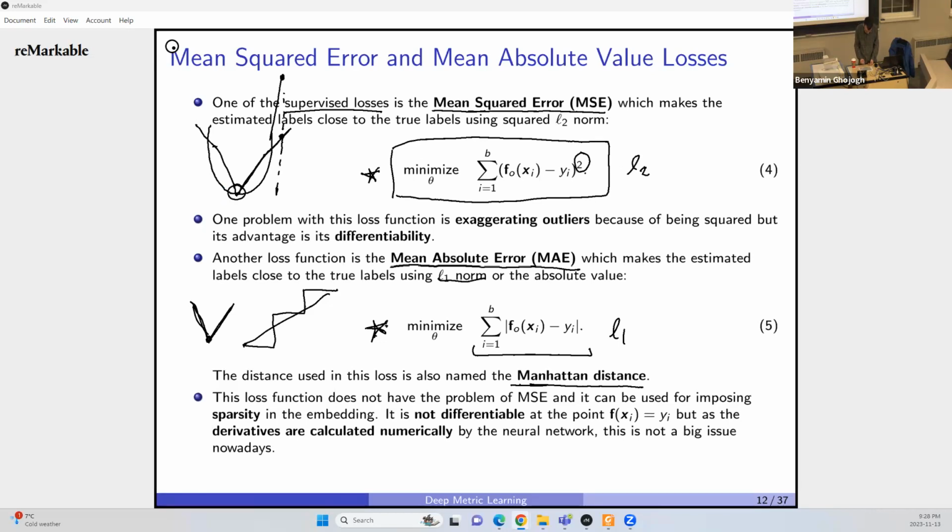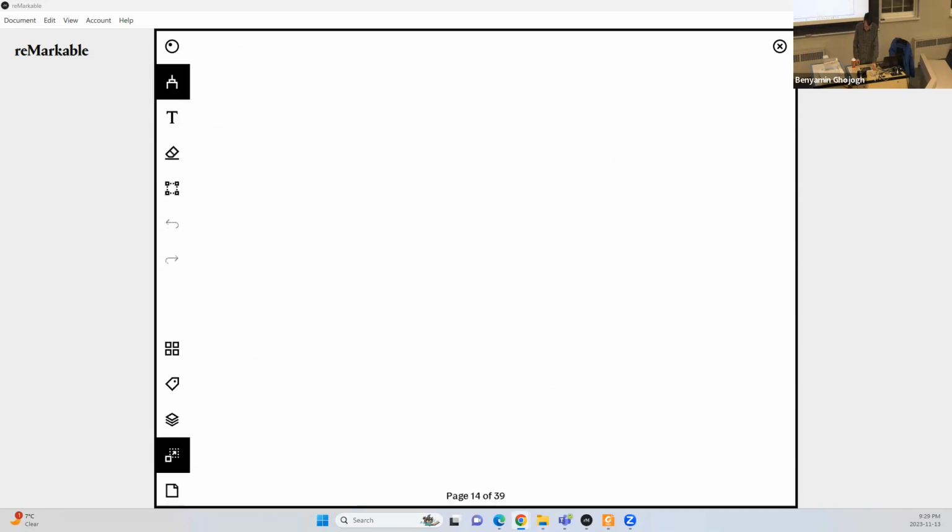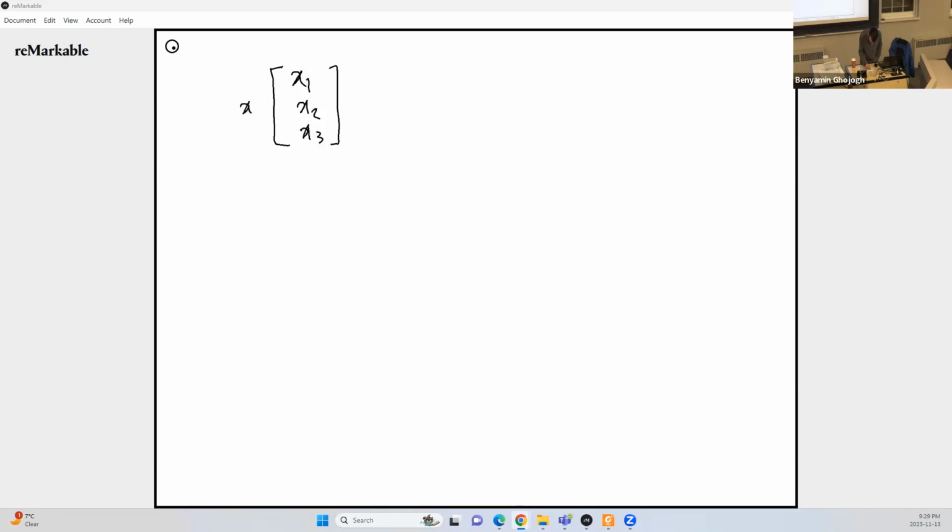Why? Because we usually calculate derivatives numerically. What do I mean by numerically? It's important, so let me talk about it briefly. Consider the derivative of a vector x, with components x1, x2, x3, with respect to y1, y2.